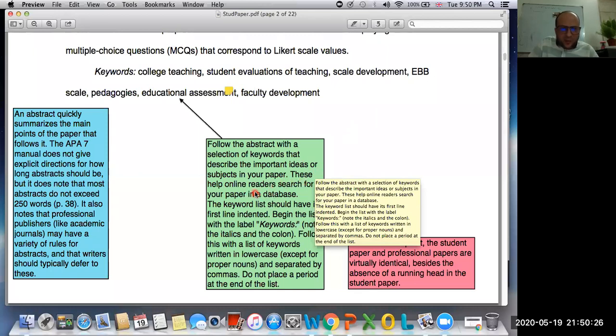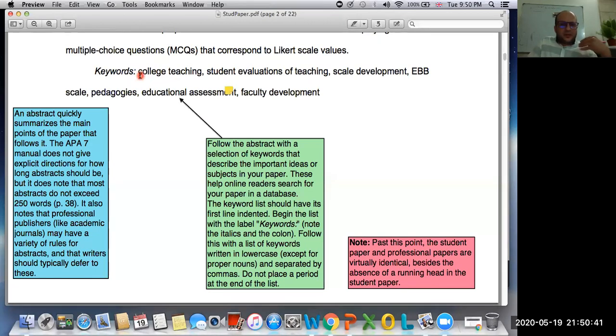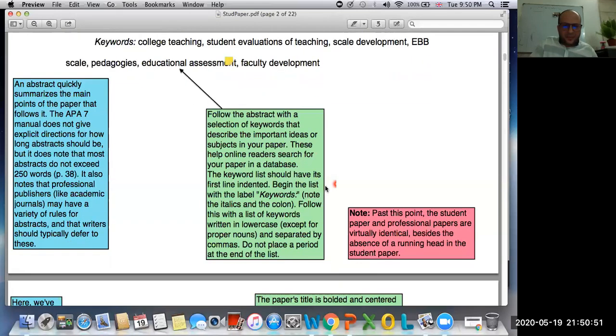These help online readers search for your paper in databases. This is the main reason why you should include your keywords. Right? So the main focus of this research is about college teaching, student evaluations of teaching, skill development, EPB scale, pedagogies, and so on. That's why. Okay.